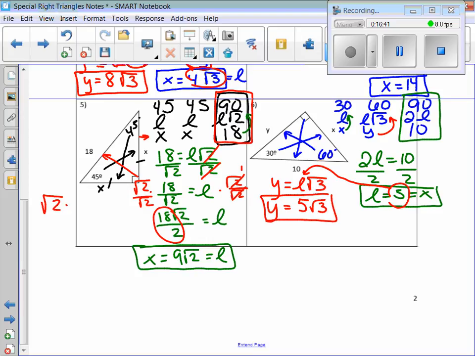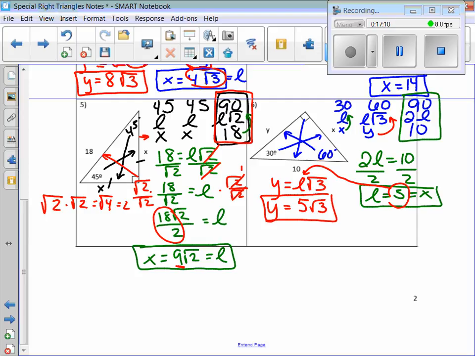Again, we know a square root of 2 times the square root of 2 is the same as saying a square root of 4, which just gives us a 2. So in our denominator, we have a 2. We look to see if we can simplify that fraction, and we know 18 over 2 gives us a 9. And then we have 9 times the square root of 2 for our L value. So if you got 9 times the square root of 2, nice job, because this was the hardest type of problem you would have to see.